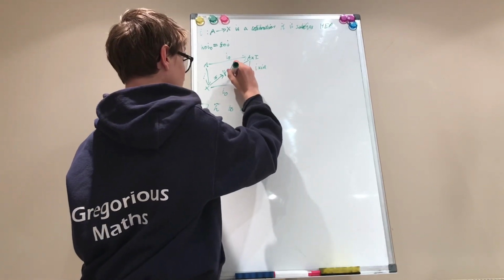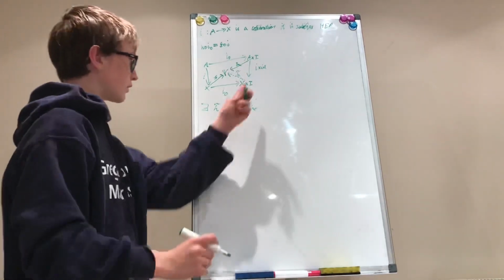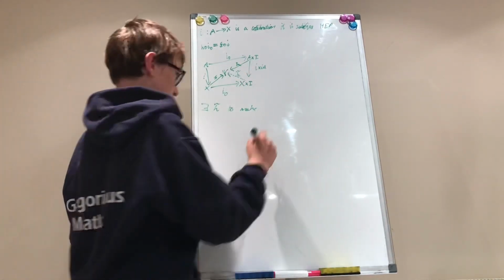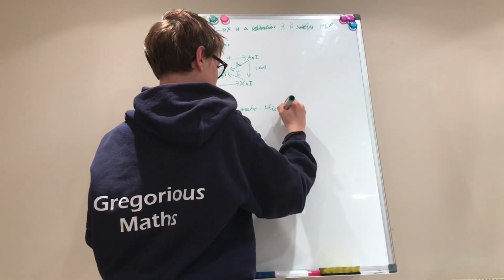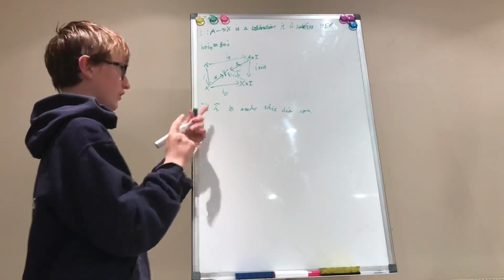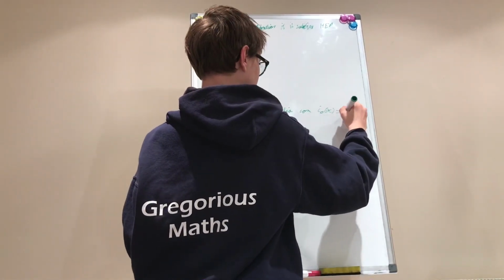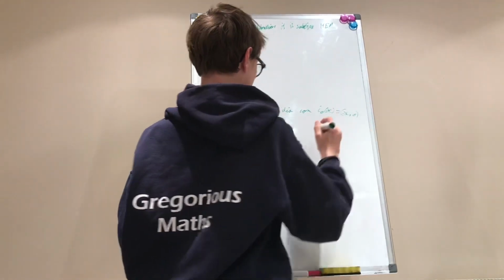And the H tilde goes from X cross I to Y, and I0 of x is equal to (x, 0).